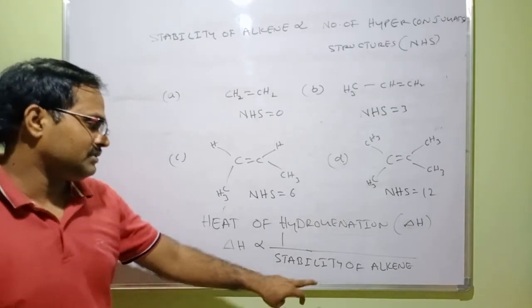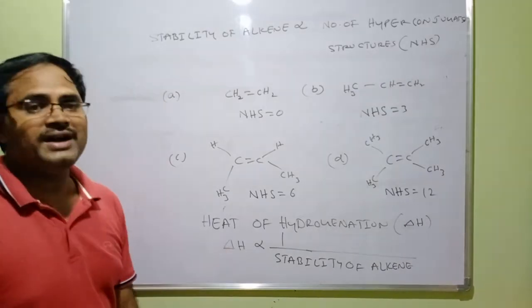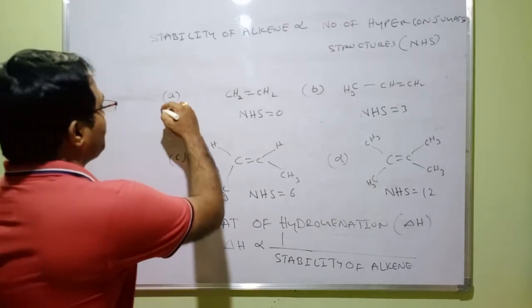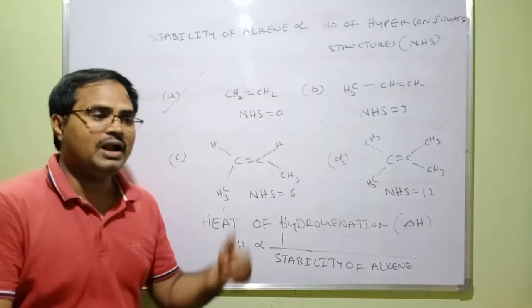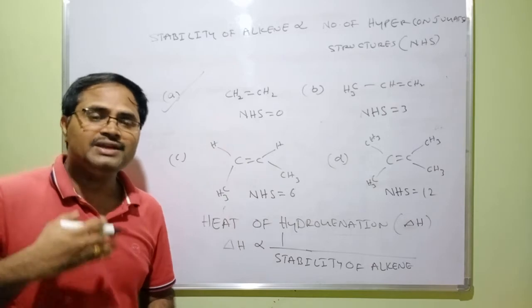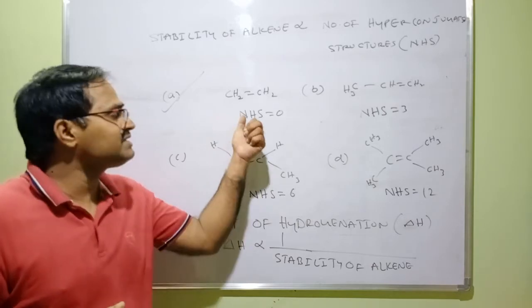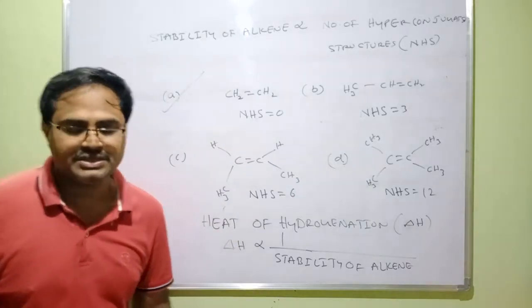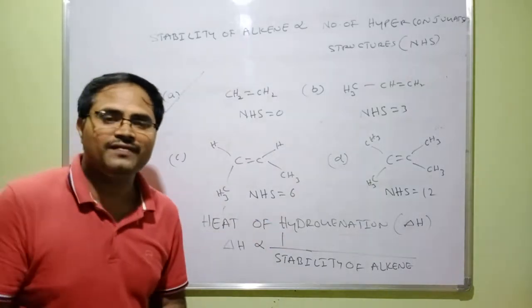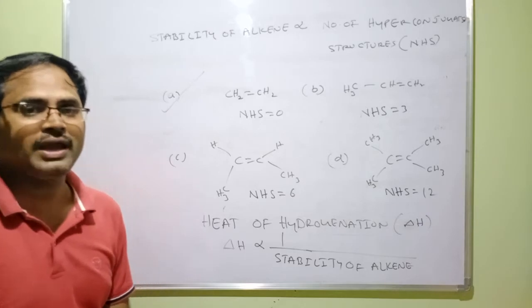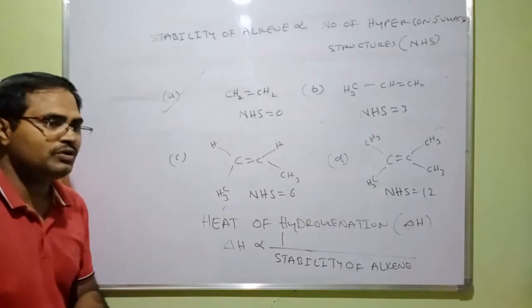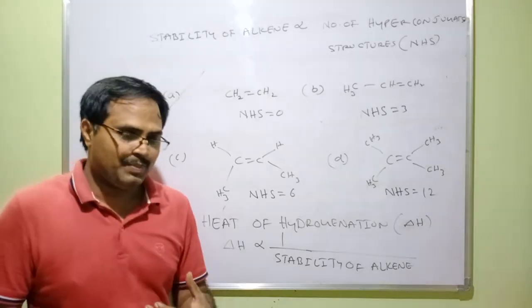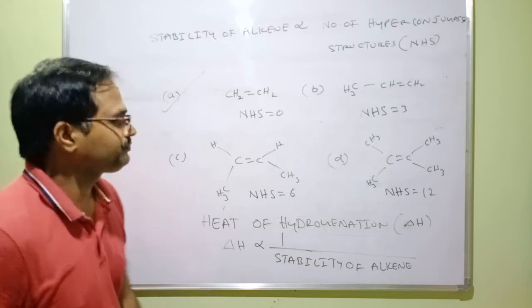Least stable means the heat of hydrogenation would be more. So alkene A is the answer. When hydrogenation happens, more heat is released in this case. This is also a previous question given in the IIT JEE exam. So this is about applications of hyperconjugation and the definition.